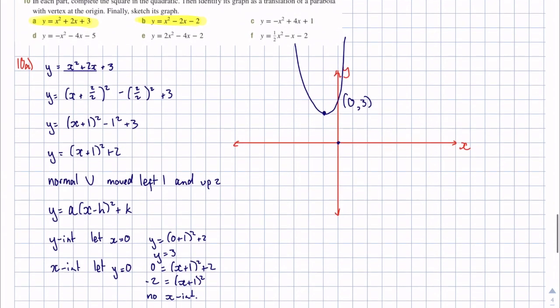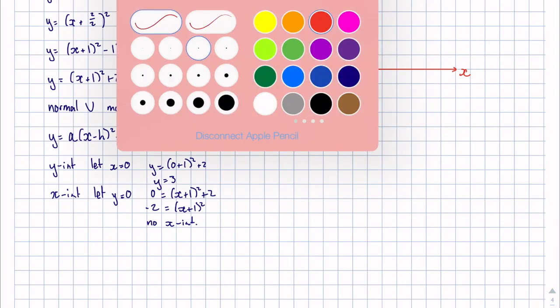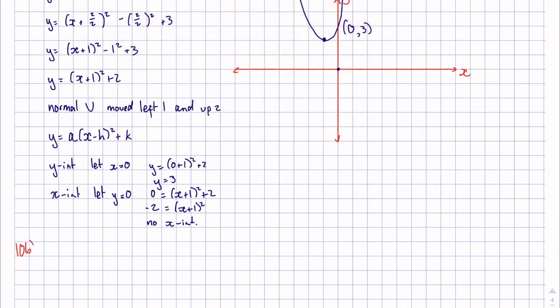So part B we're going to treat exactly the same. So we have 10b, and the equation we've got is y equals x squared, take 2x, take 2. We're going to deal with it exactly the same. So we do x take, we're just looking at these two. What's half the second one? 1 squared.